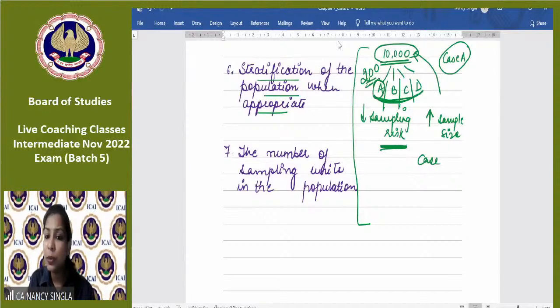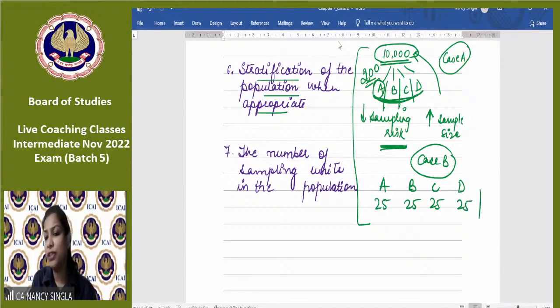Now consider a situation B, whereby I divide this population, and I select 25 items from each of these strata. Tell me now, my sampling risk will be reduced though I have not increased my sample size.